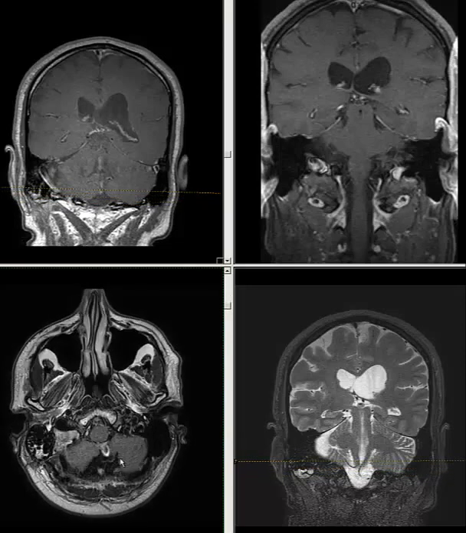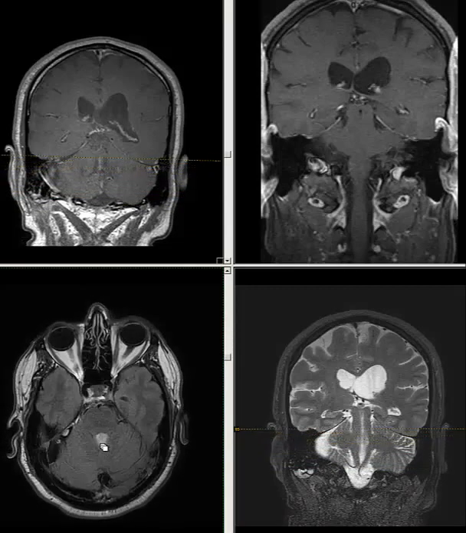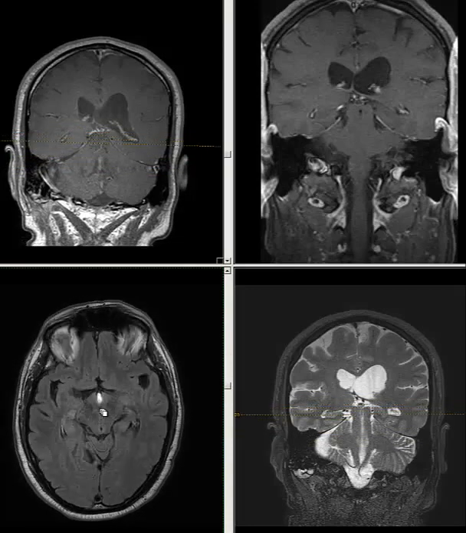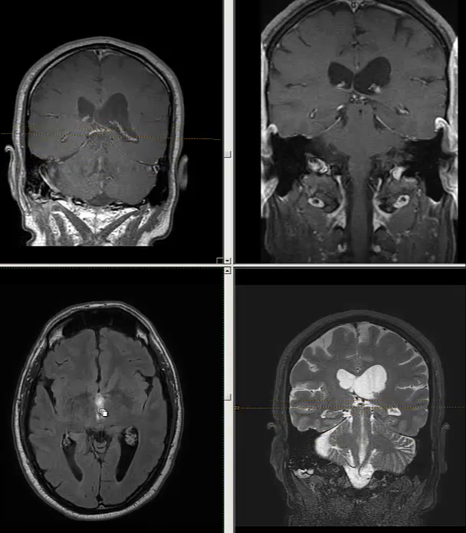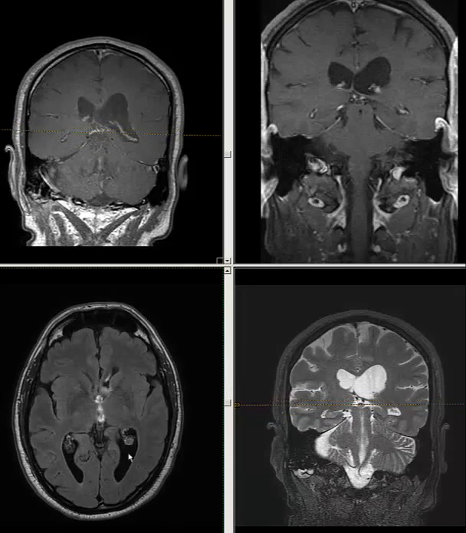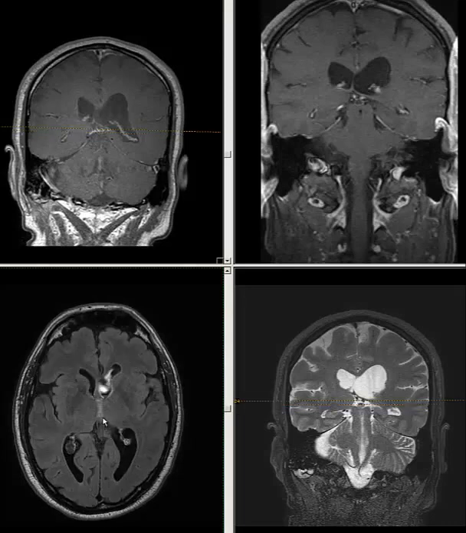Not only is there CSF flow disturbance, there's also turbulent CSF flow in the fourth ventricle and third ventricle. That's also abnormal for this patient, or for any patient, because usually the FLAIR signal should suppress signals like this.